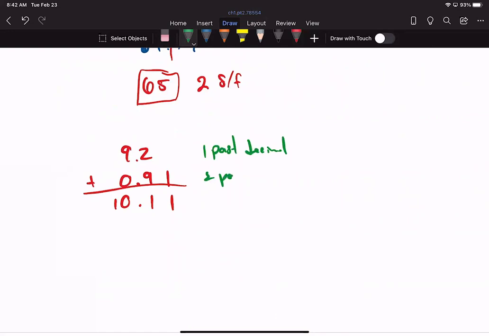This is 2 past the decimal. I'm going to go with 1 past the decimal, and my answer is now 10.1, right? I have one that's 2 sig figs, the other one's 2 sig figs, my answer is 3 sig figs. That's perfectly fine because I followed the rule for addition and subtraction. I went with the least amount of decimal places, and I have 10.1 as my answer.